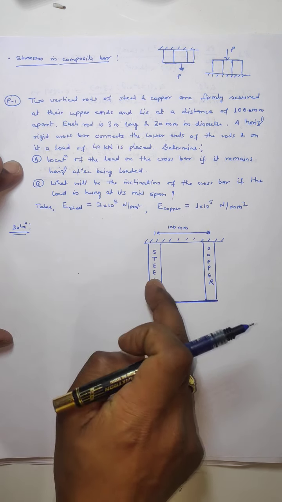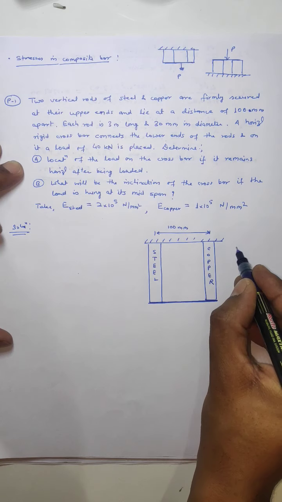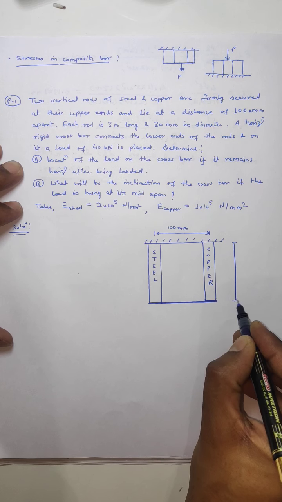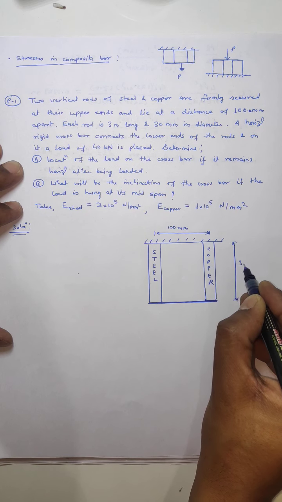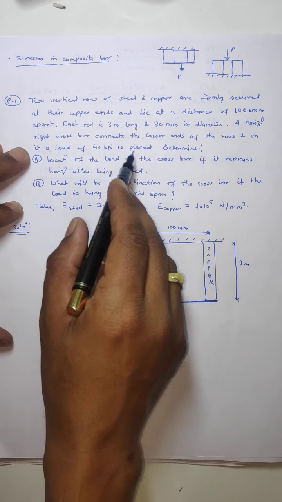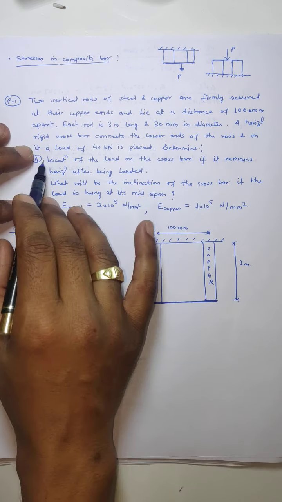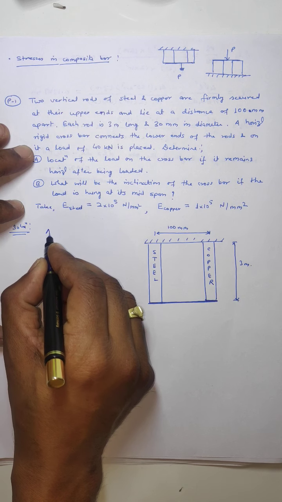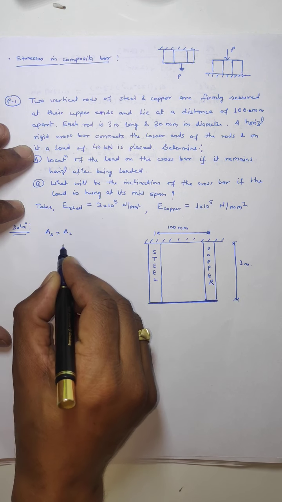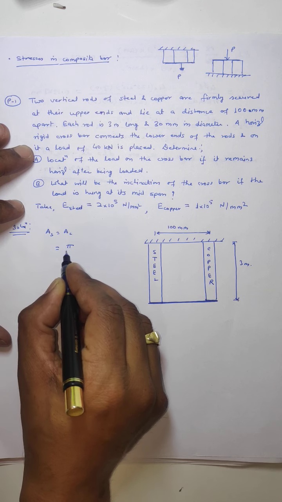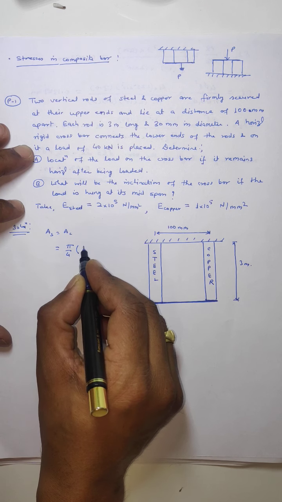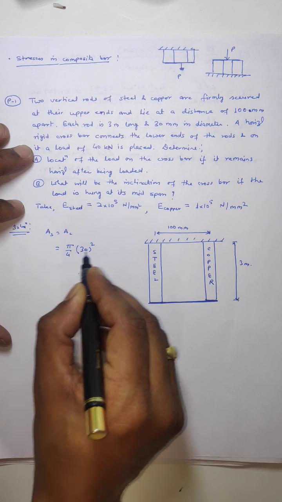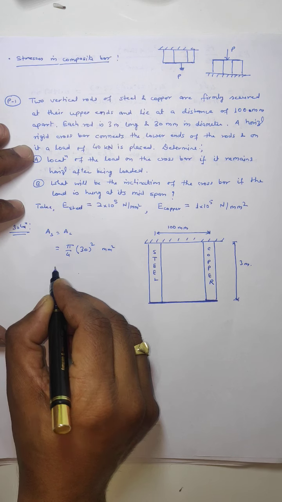Very first thing, the cross section diameter is given here. Length of the rods is 3 meter and its cross section is given as 30 mm in diameter. So cross section of steel as well as cross section of copper can be calculated by pi by 4 d square. 30 mm square d square, that will be in mm square.